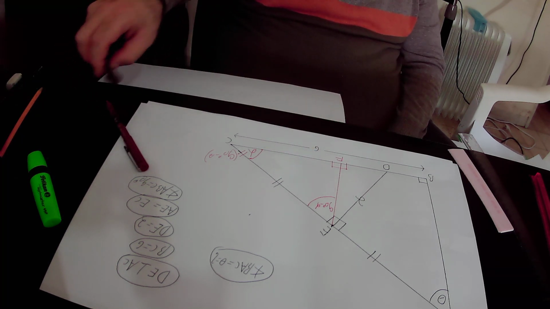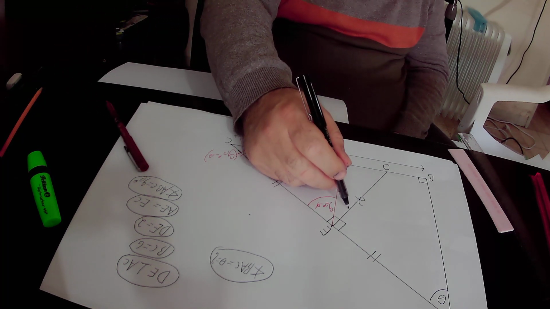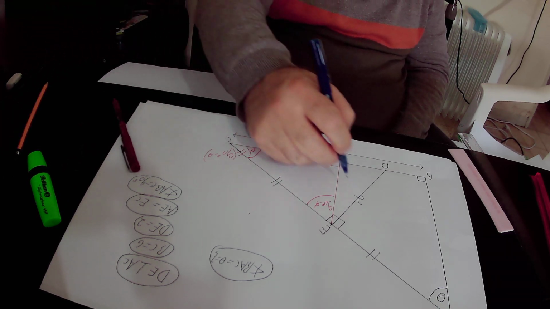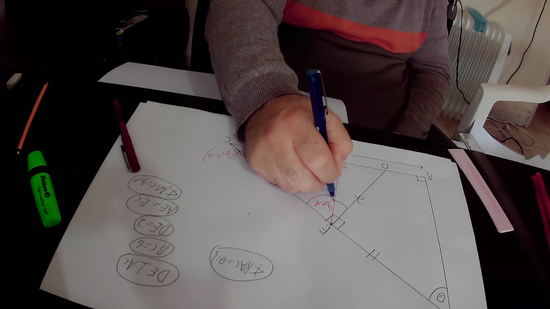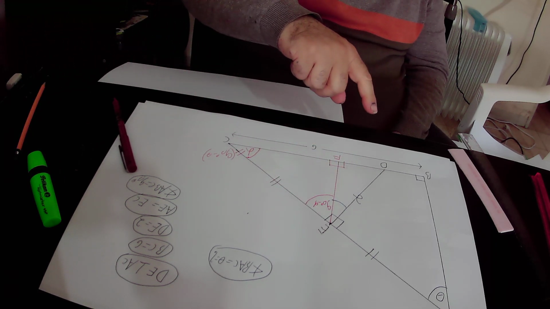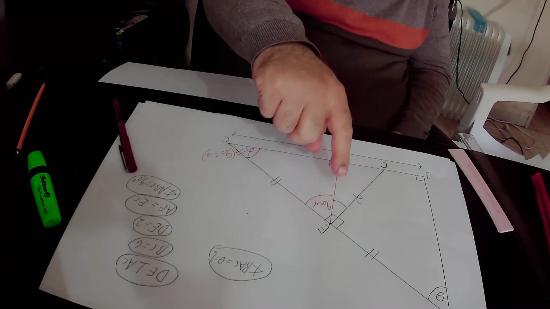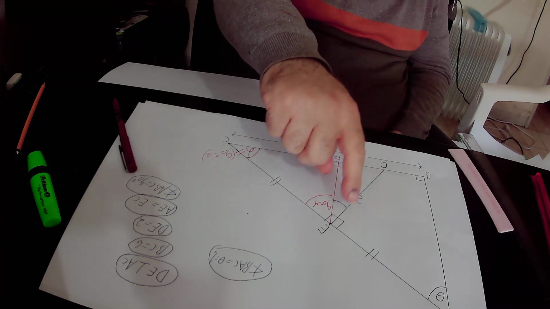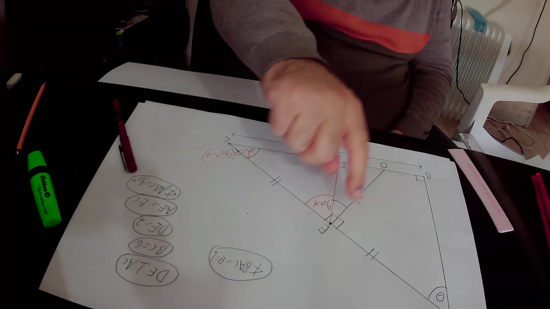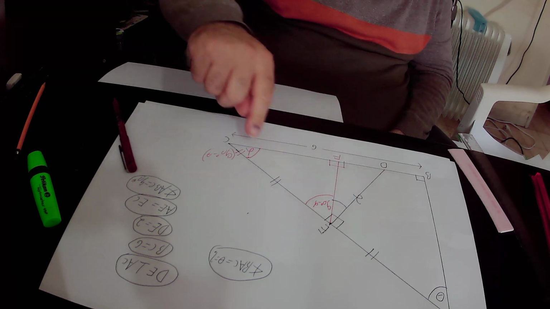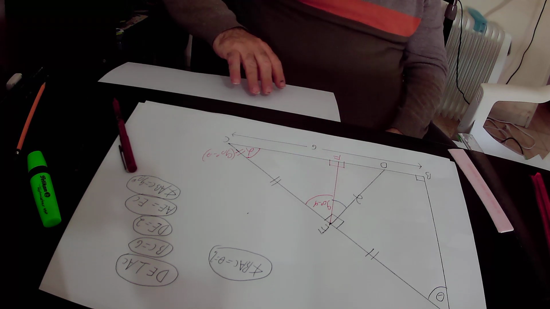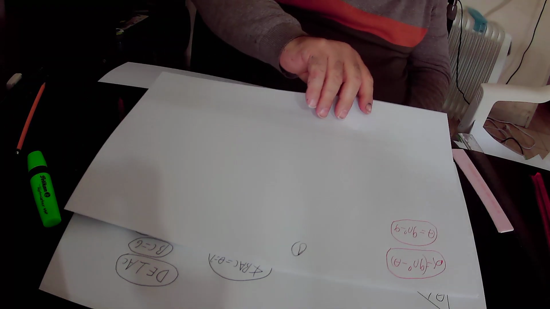Angle DEF. From the drawing it is very easy to see that angle DEF will be equal to angle DEC, the big angle, minus angle FEC. Angle DEC minus angle FEC will give us the missing angle, angle DEF. So write it down.